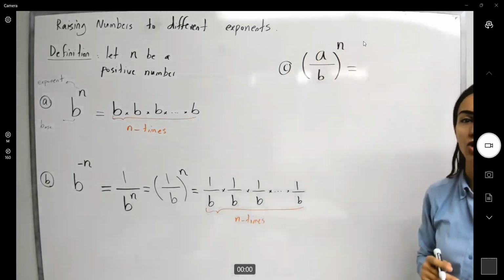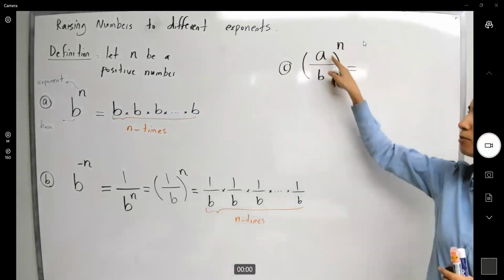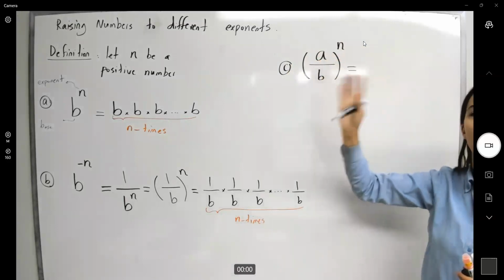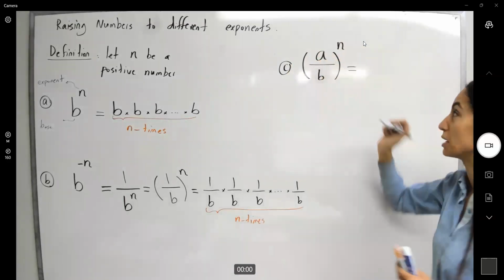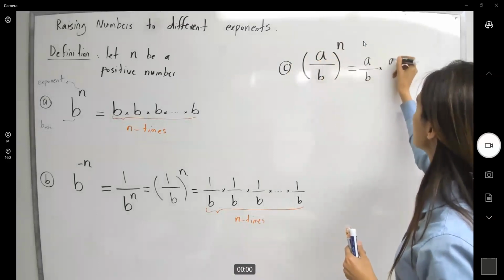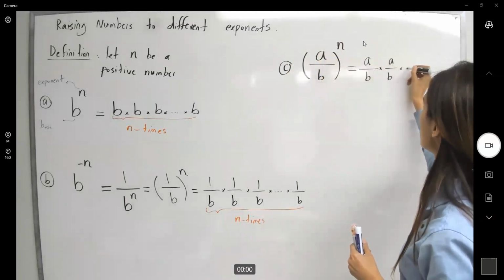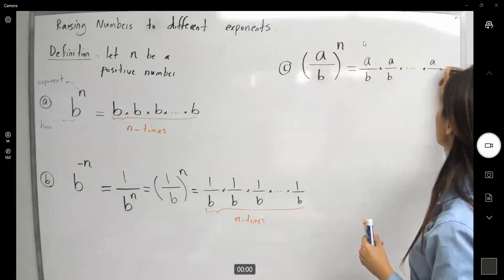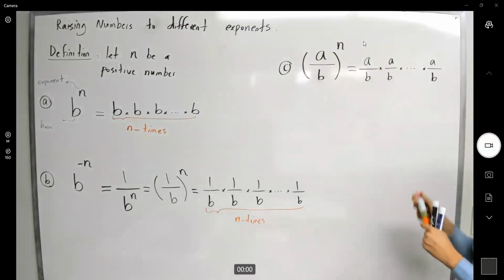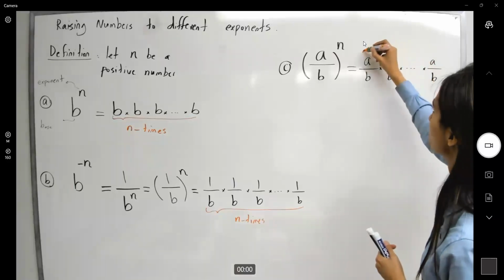Well, we have a fraction right now. It means that I'm cutting down A over B n times, and I multiply those together. I have A over B times A over B times itself n times. So I'm going to repeat this process n times.